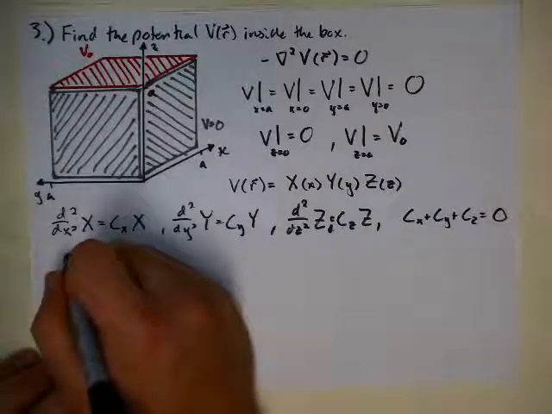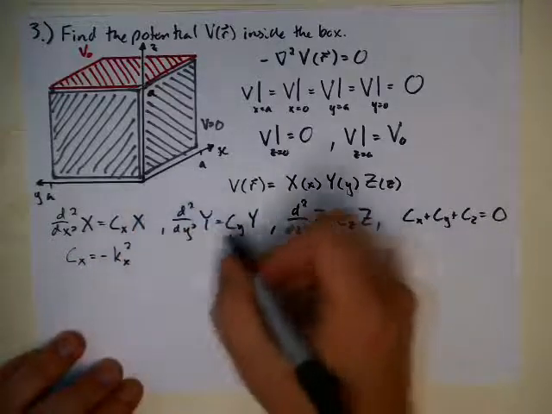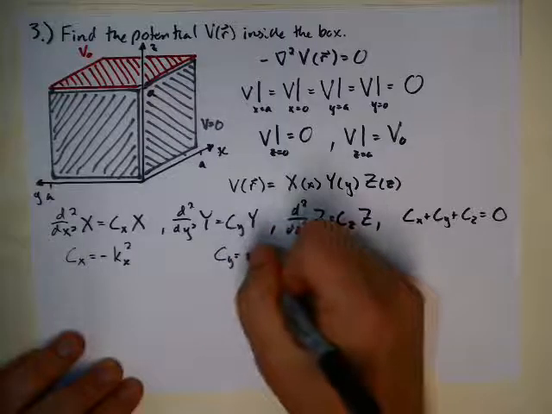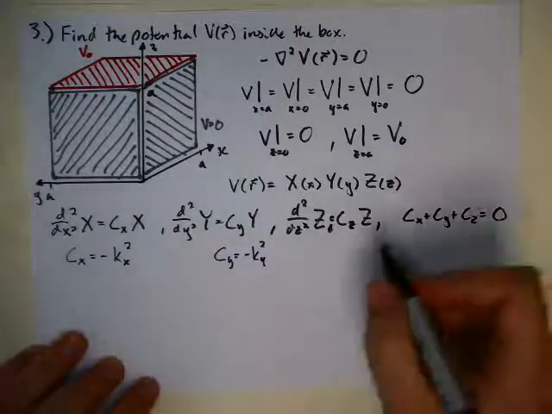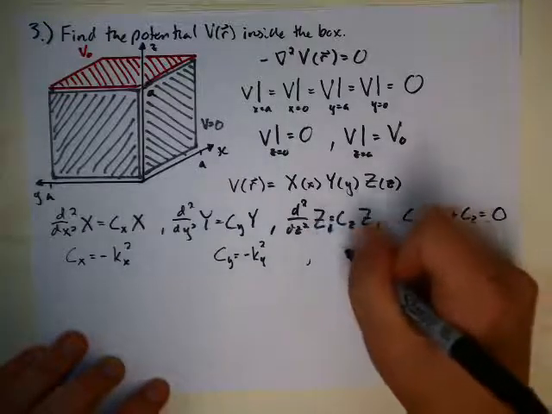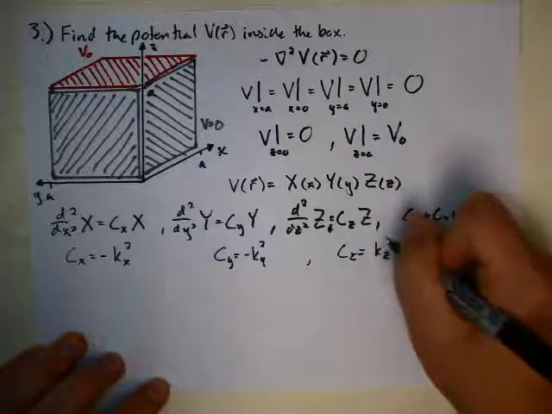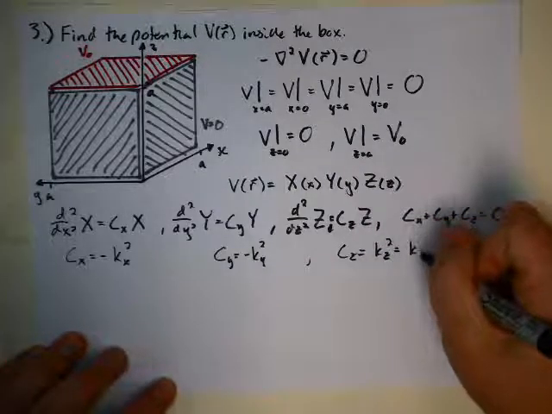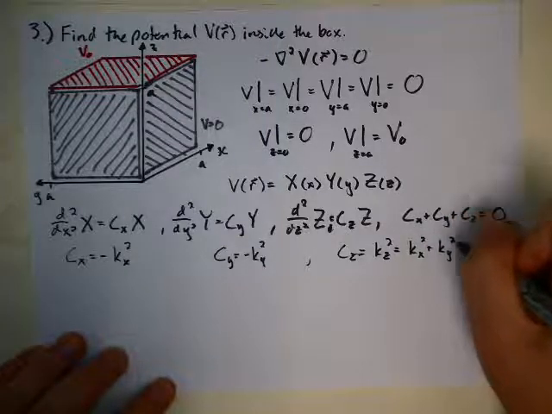So we're going to make the assumption that Cx is minus kx squared and Cy is minus ky squared, which of course forces Cz to be positive. Without loss of generality, we can define Cz to be positive kz squared, which is equal to kx squared plus ky squared.